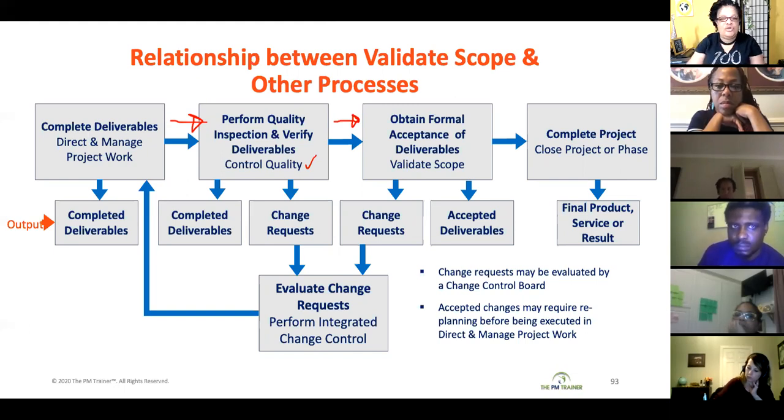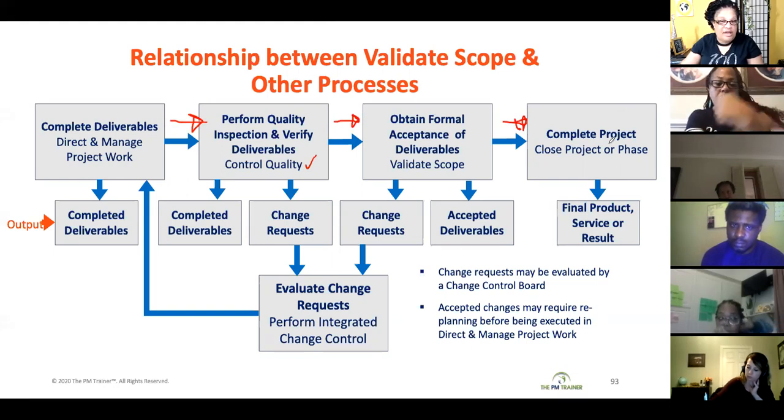Then you go to validate scope. If the deliverables are acceptable to your customer, those deliverables become part of your accepted deliverables that go to your close project or phase process, right?